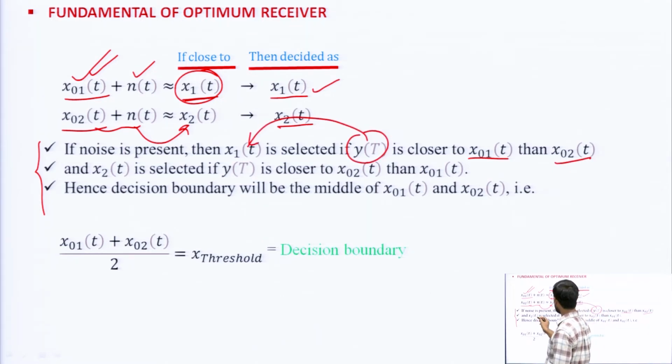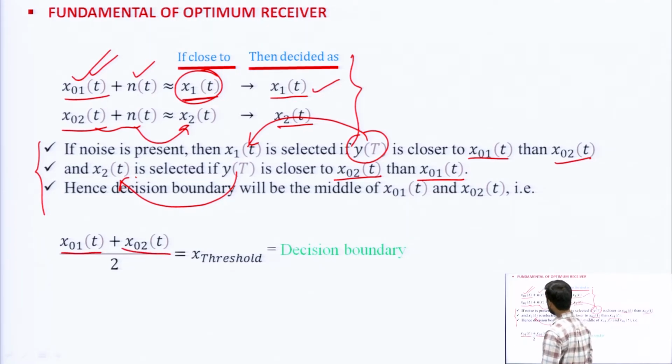And x 2 of t is selected, y of t is x 2 of t, if it is closer to x naught 2 of t than x naught 1 of t. I have already told this in this section. Hence, the decision boundary will be the middle of x naught 1 of t and x naught 2 of t. So, the decision boundary is x naught 1 of t plus x naught 2 of t divided by 2.